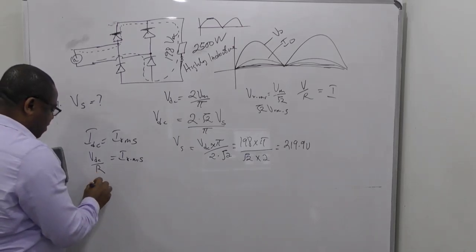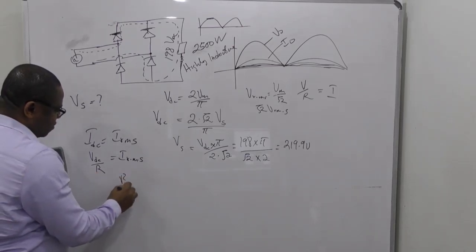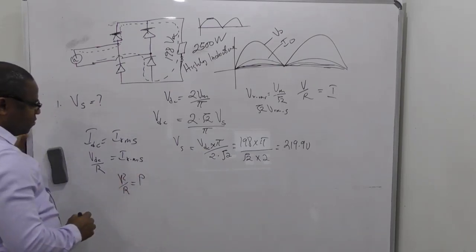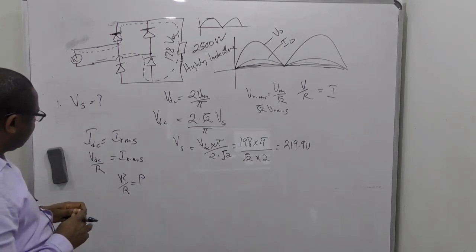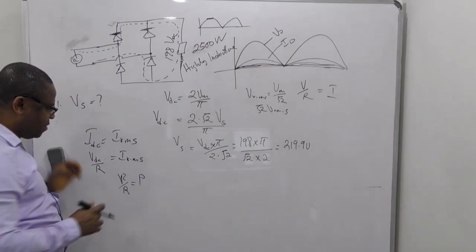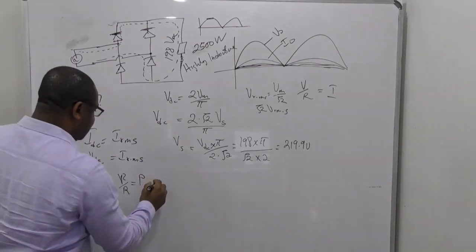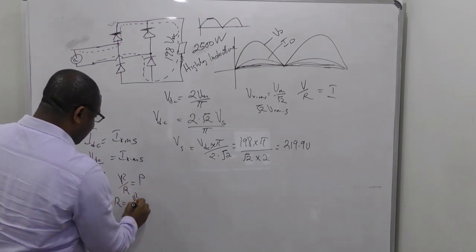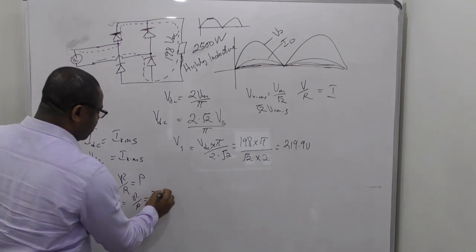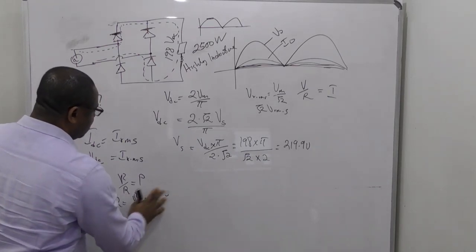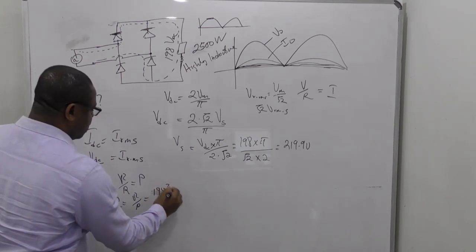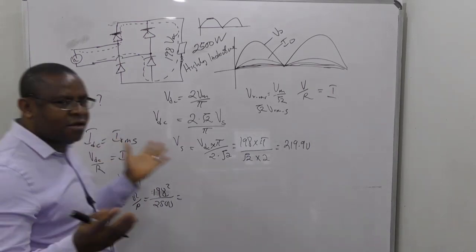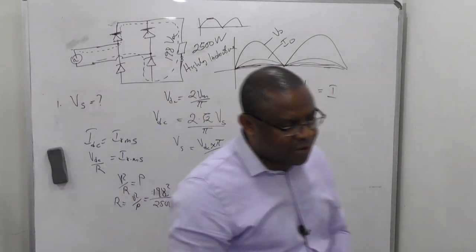V squared over R is P, so R is V squared over P. P is given as 2500, so R is 198 squared over 2500.